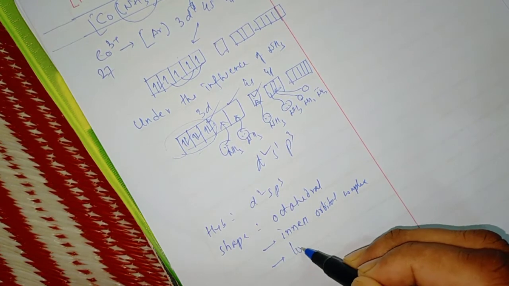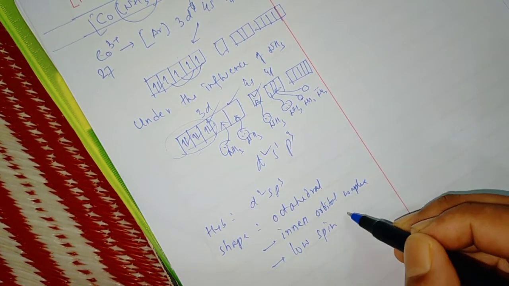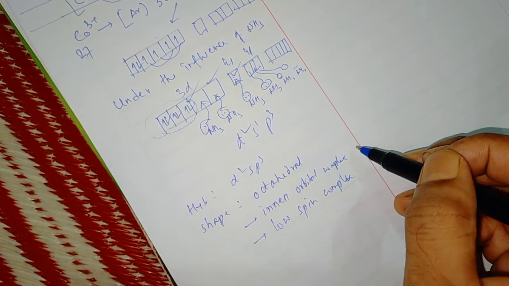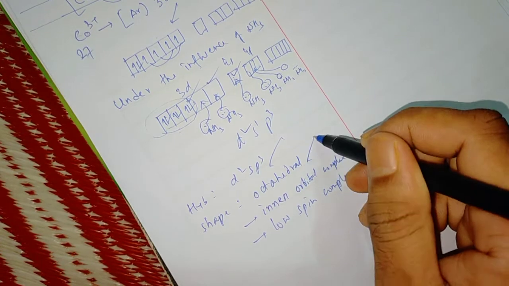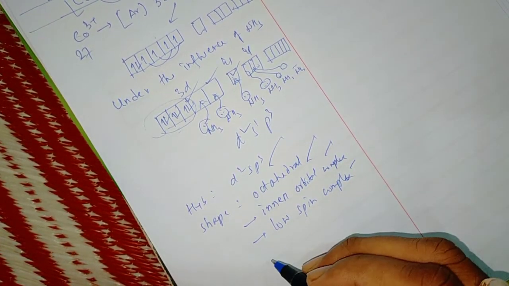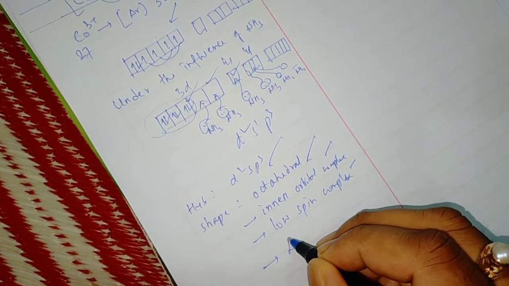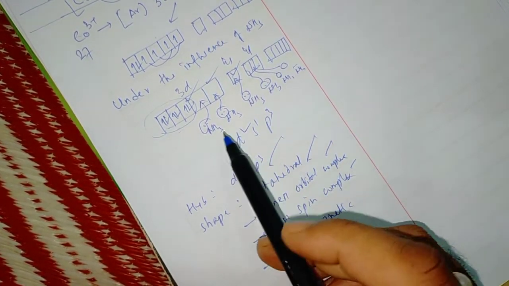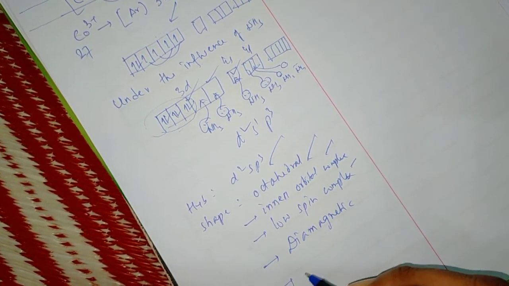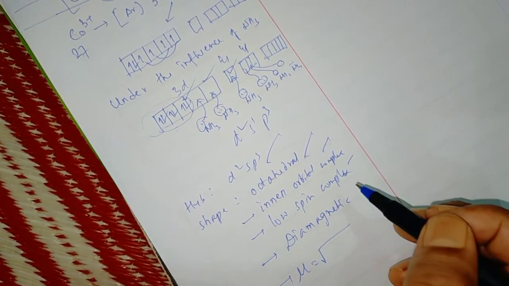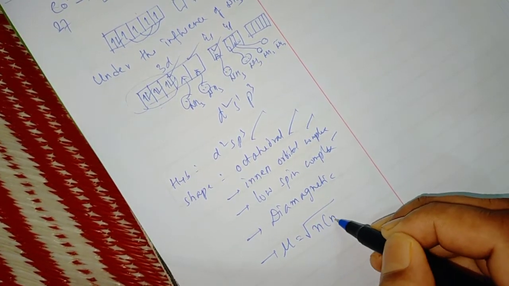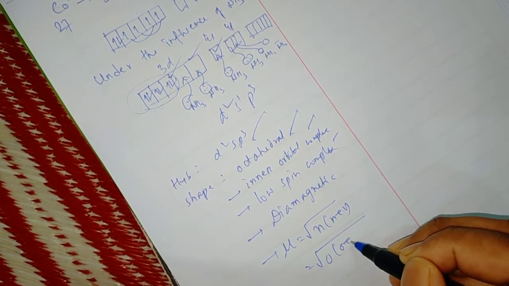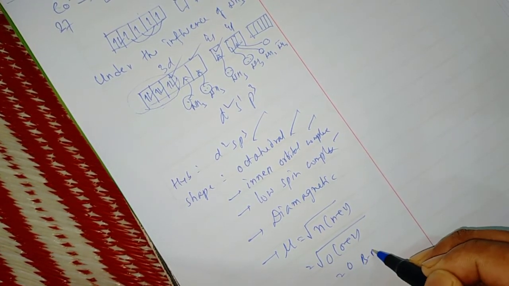So this one is a low spin complex. Next, it is diamagnetic, because all the spins are paired up. Another one, you have to find the mu value, mu equal to root of n into n plus 2. So the number of unpaired electrons is 0, so it becomes 0 Bohr magneton.